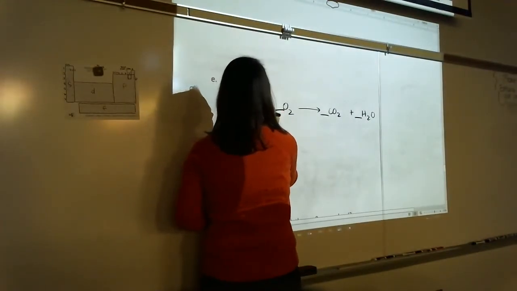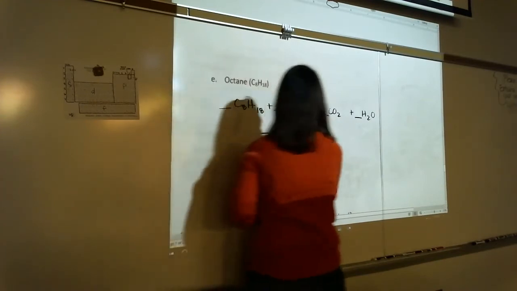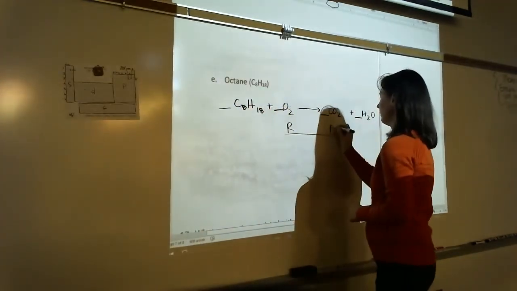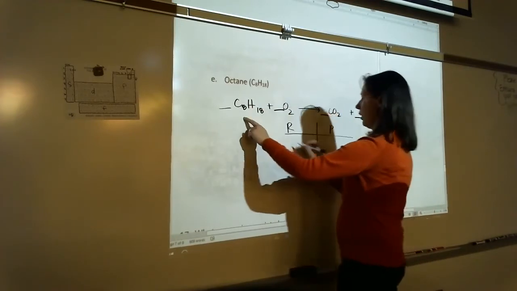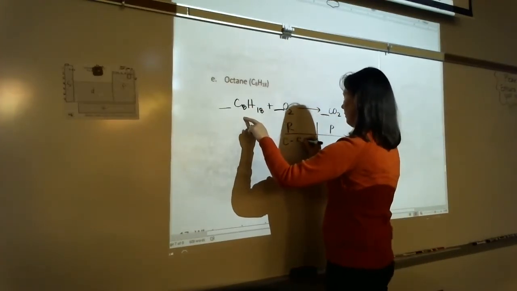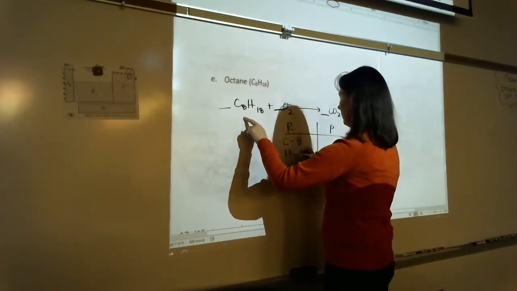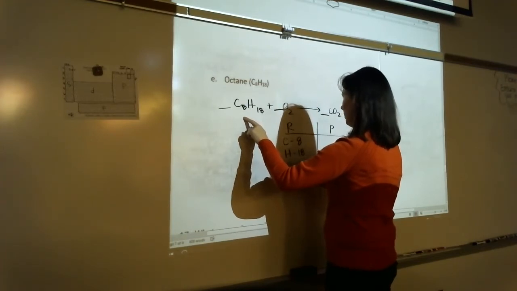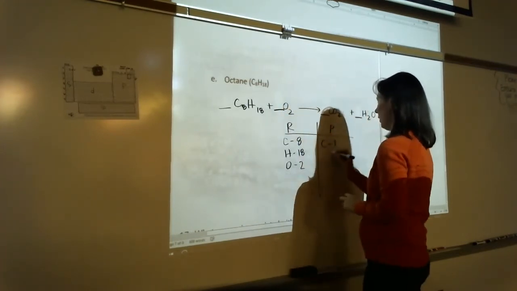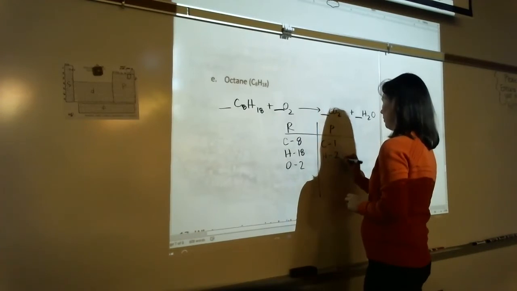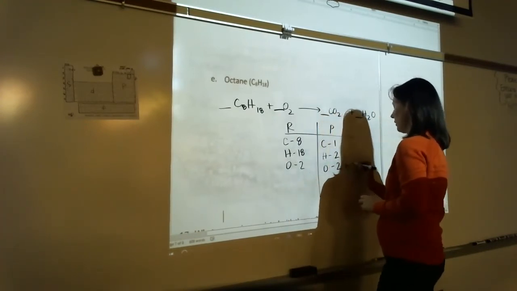C8H18. Let's make our table again. So carbon is 8, H is 18. O is 2. Carbon here is 1. Hydrogen is 2. Oxygen is 2 plus 1.